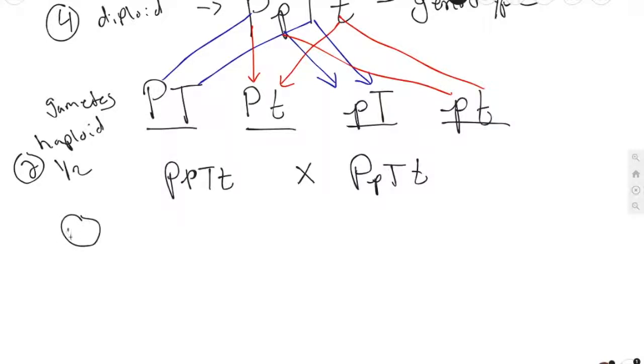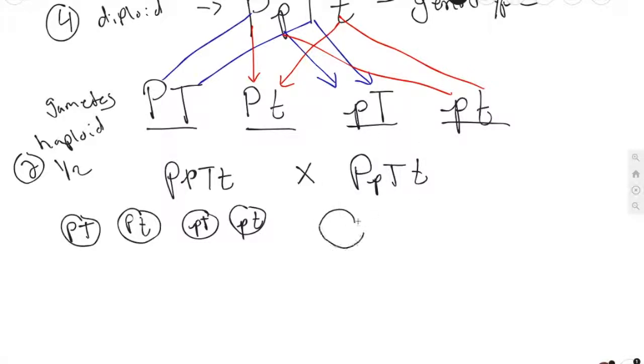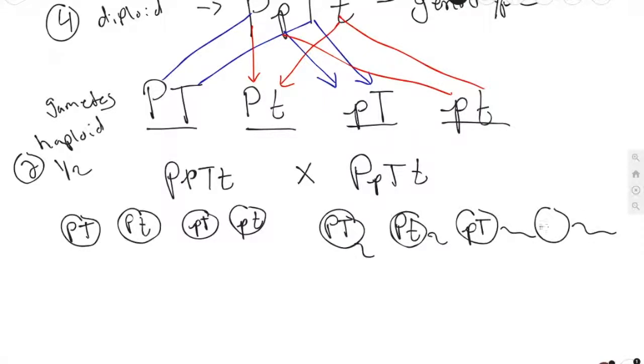She can make 4 eggs, one with big P, big T, one with big P, little t, one with little p, big T, and one with little p, little t. Same thing for dad. He can make 4 sperm cells. So one with big P, big T. Another one with big P, little t. Another one with little p, big T. And the last sperm cell is little p, little t.